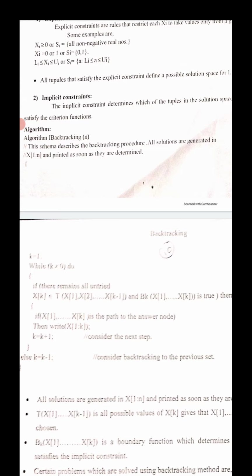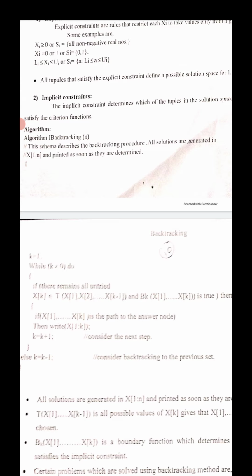First, k is assigned 1. Then while k is not equal to 0, we check the condition.